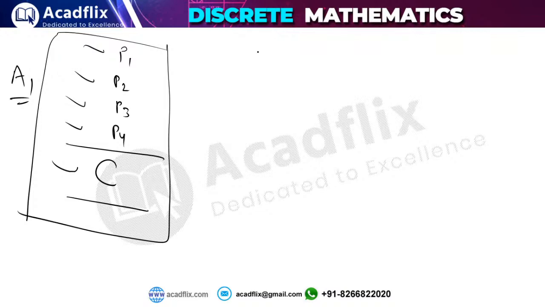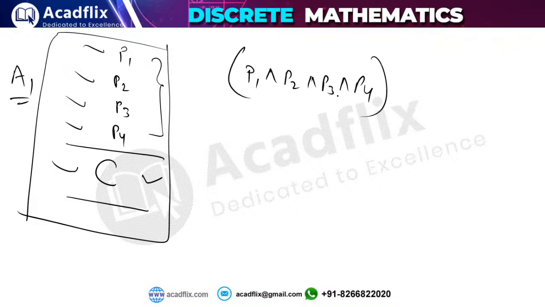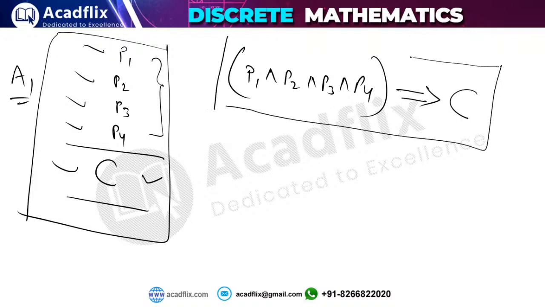Now to find out whether this argument A1 is valid or not, these hypotheses should imply this conclusion. What I mean is: P1 and P2 and P3 and P4 should imply the conclusion. Now check whether this formula you have constructed is a tautology or not.